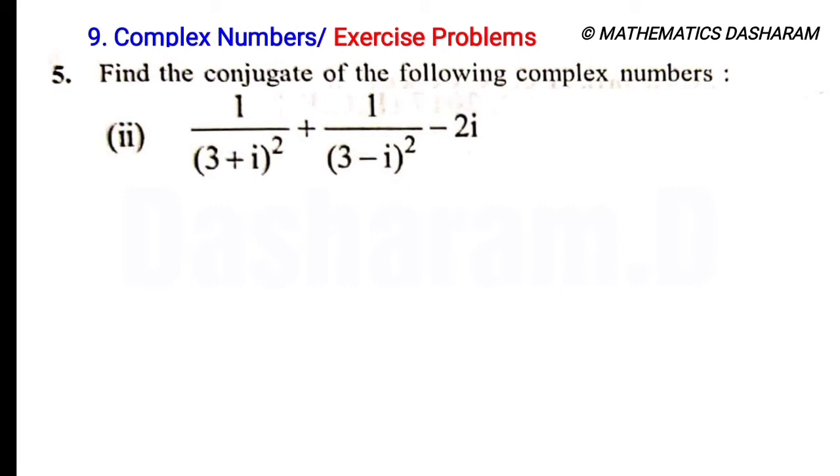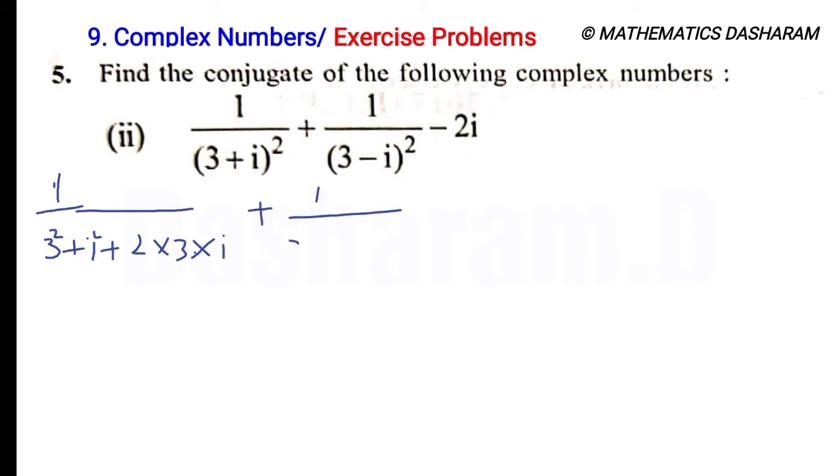Second bit: 1 by (3 plus i) whole square plus 1 by (3 minus i) whole square minus 2i. Here (3 plus i) whole square means 3 square plus i square plus 2 into 3 into i. Similarly (3 minus i) whole square means 3 square plus i square minus 2 into 3 into i.